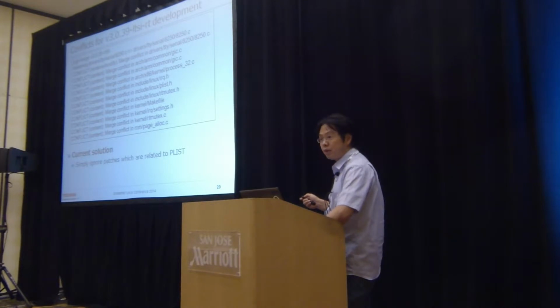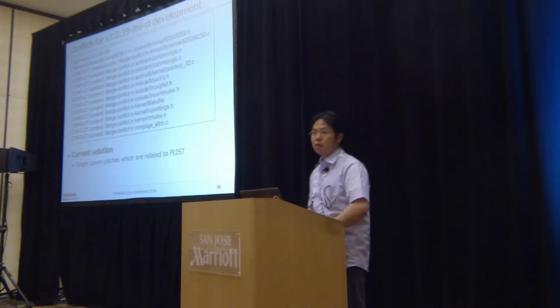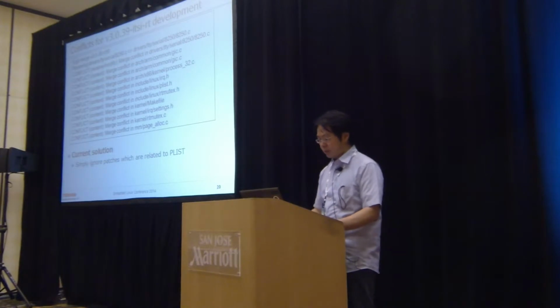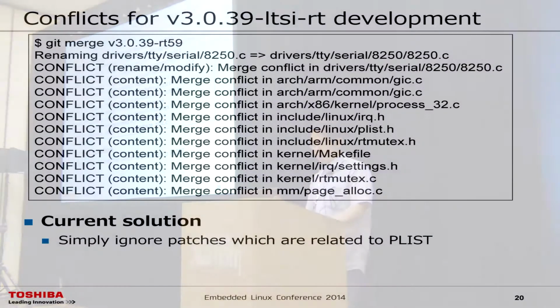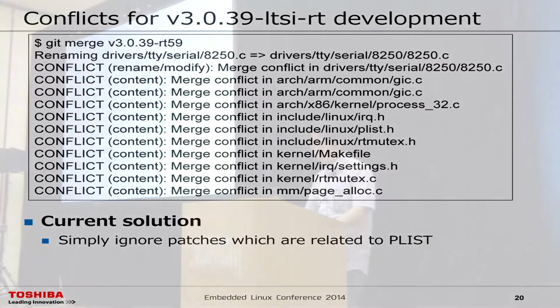And as you can see, there are some RT patch related changes made. For example, RT mutex or PI list is a very basic part of the RT patch set. And in that case, we can choose to simply ignore this related patch here.